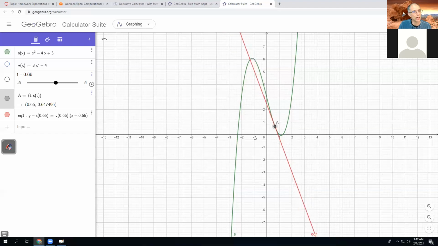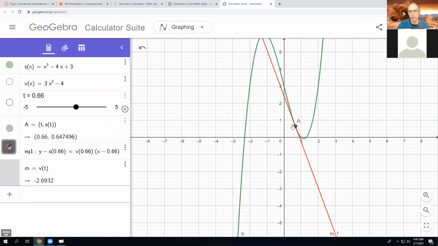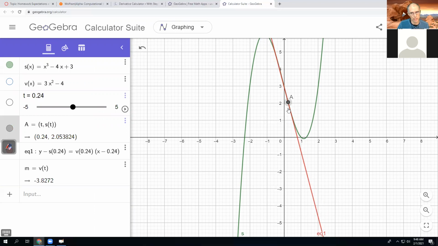And we can see that. I guess I should graph v of t here too, so m equals v of t. We can watch those numbers over here on the side panel. Over here, the slope is negative, almost -4.